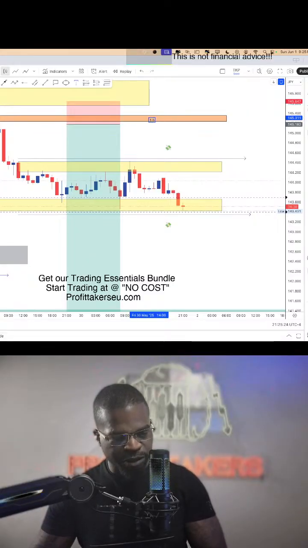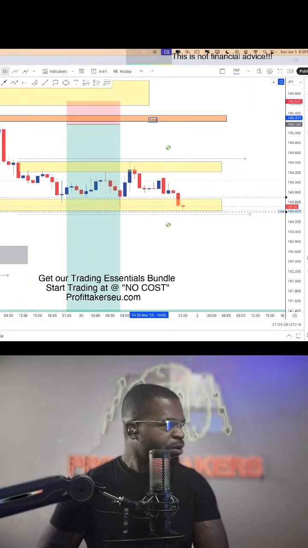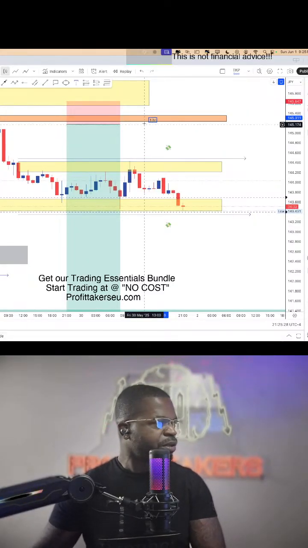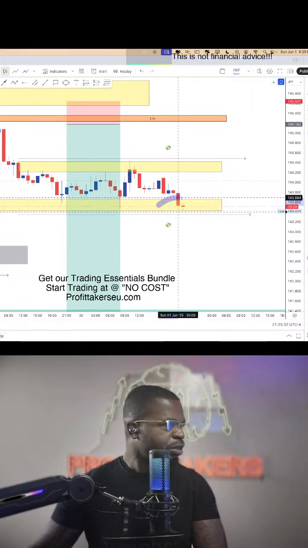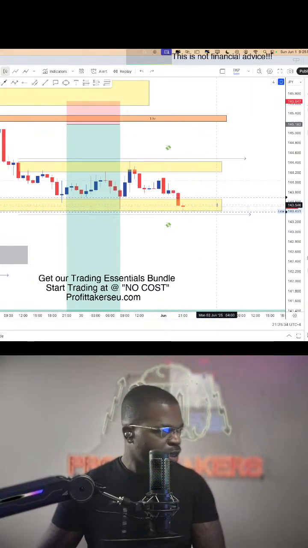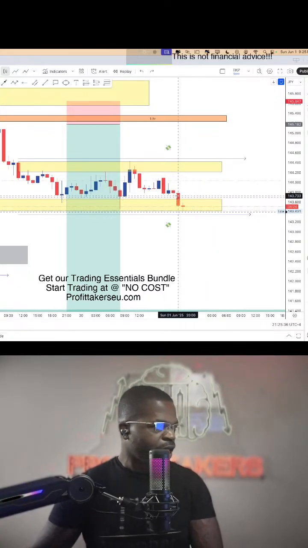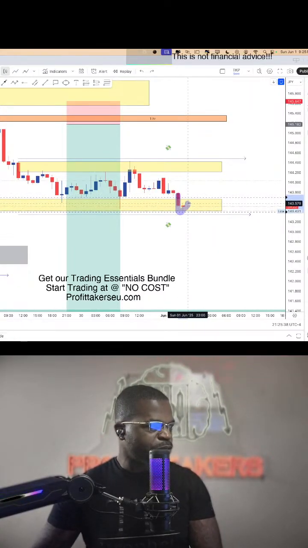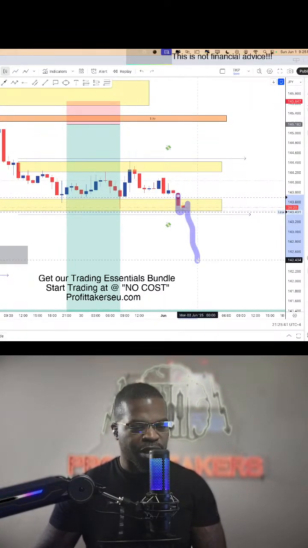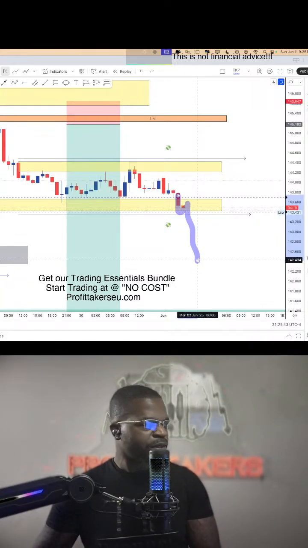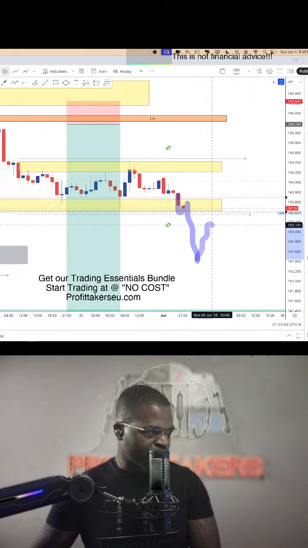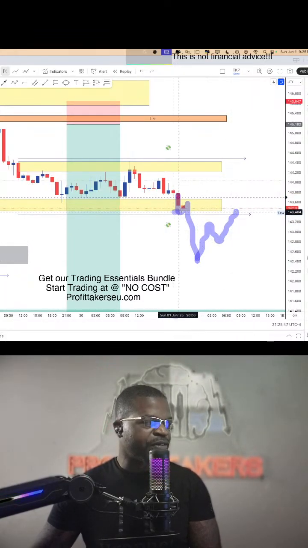Right here at this area that we're looking at, what we're gonna do is really wait to see how price responds to this area here. If this thing makes a move like this, then it's gone. The next place we'll look for entry is the retest of this area.